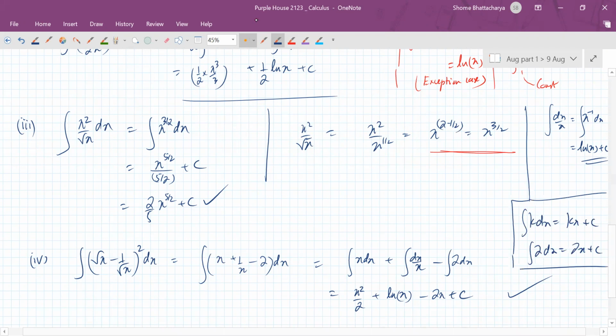I thought that integration of 2 will be like 2 only. No, beta, because see, 2 is a constant, na? So its integration becomes linear. Remember that property of integration, the first property? Yes, sir, got it.